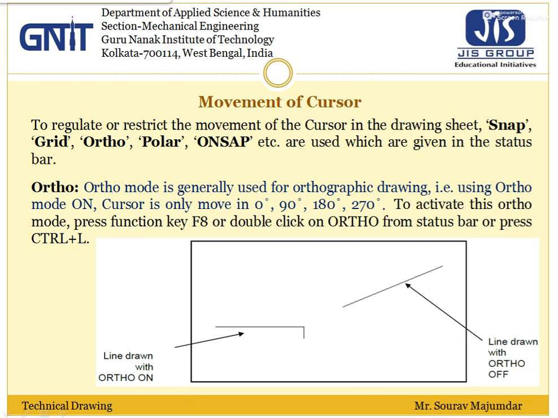So how to activate this ortho mode? I can directly click on the status bar, or if I press the function key F8, it will automatically turn ortho mode on. How to turn off this ortho mode?